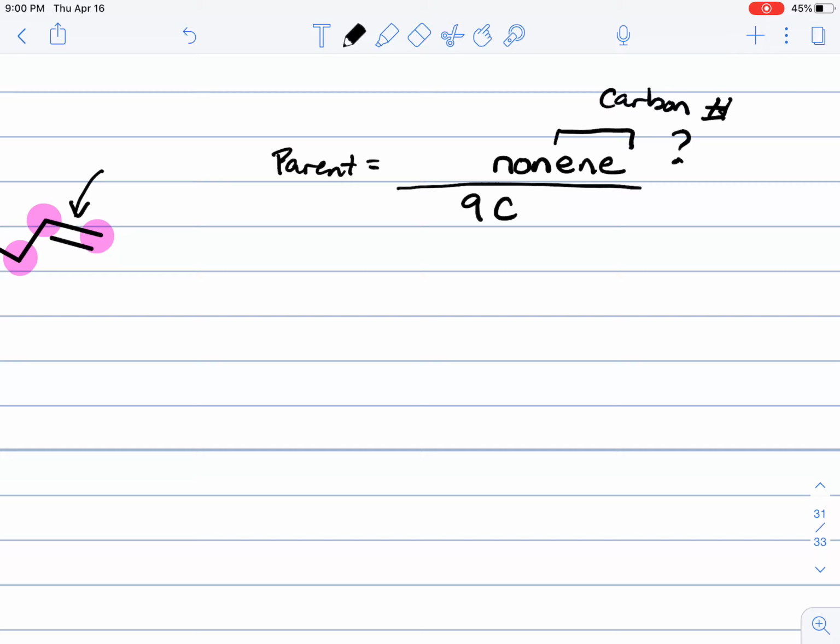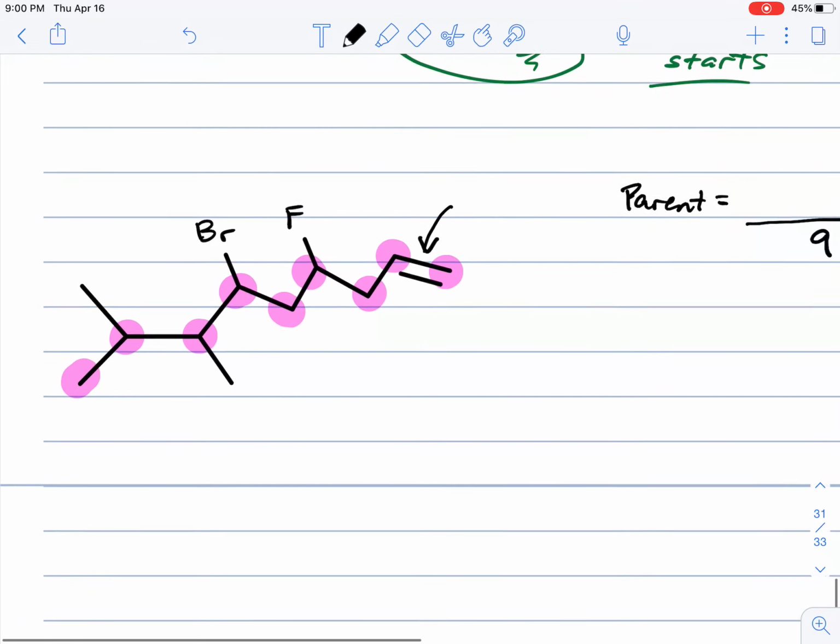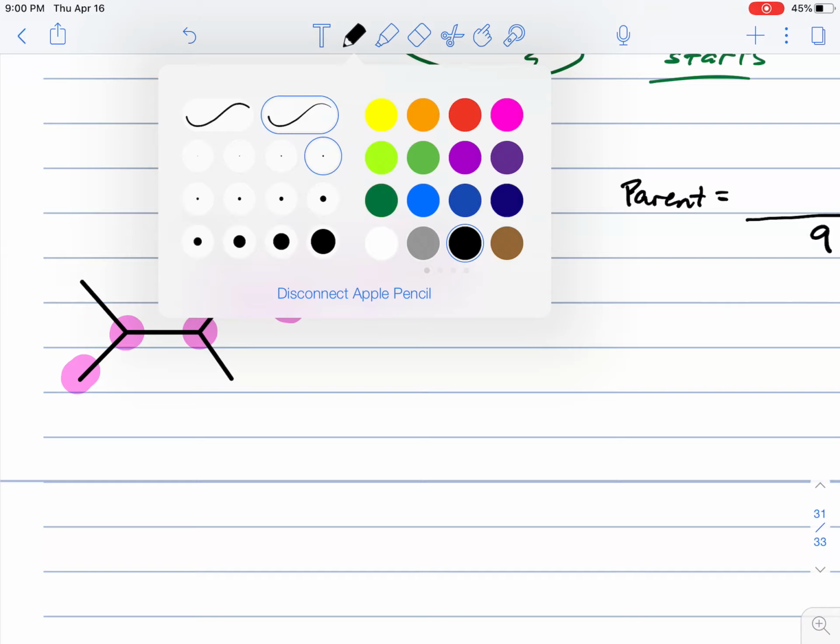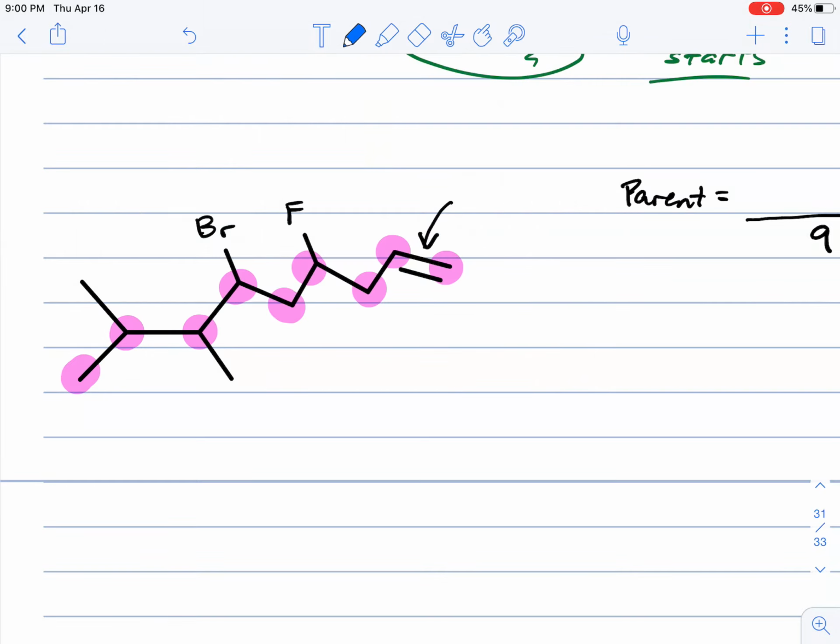And so I need to figure out my numbering system. So once again, if I go from left to right, 1, 2, 3, 4, 5, 6, 7, 8, 9. And so if I'm going from left to right, I see that I'm going to hit 8.